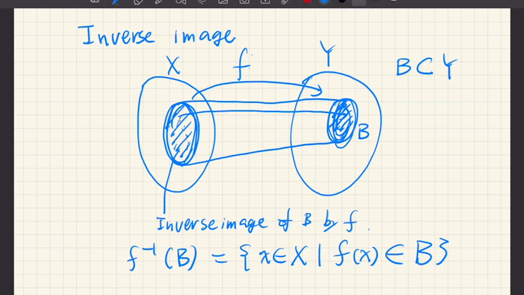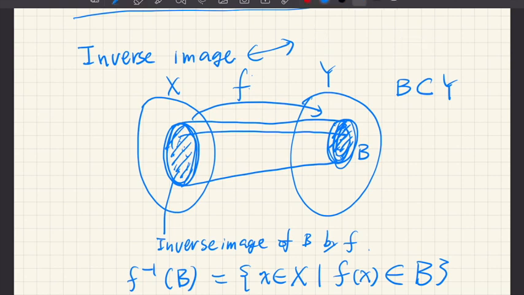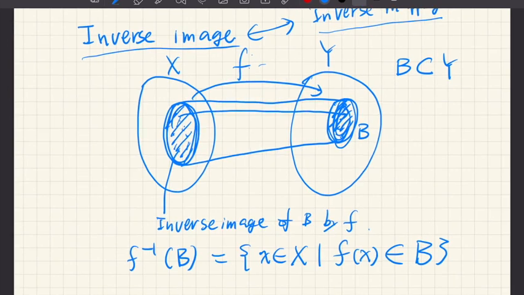Okay. Now, don't confuse this inverse image with inverse mapping. They're different. Inverse image can be defined for any mapping, but inverse mapping can be defined only for bijections. Okay. So inverse mapping is a mapping. We also write like this, f inverse, but this is not a subset, it's an element.